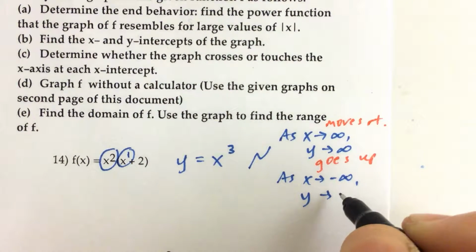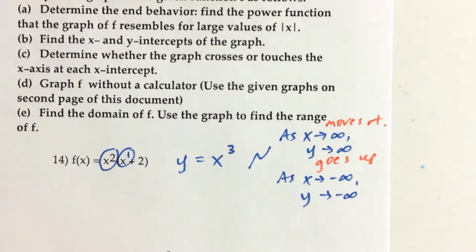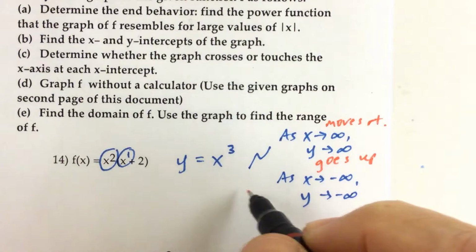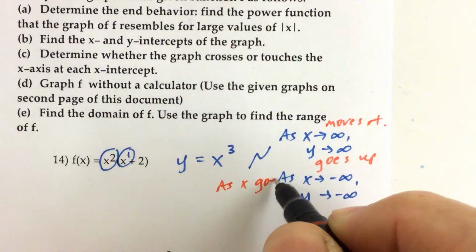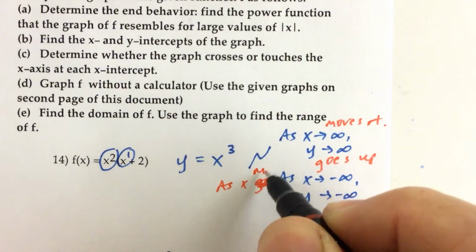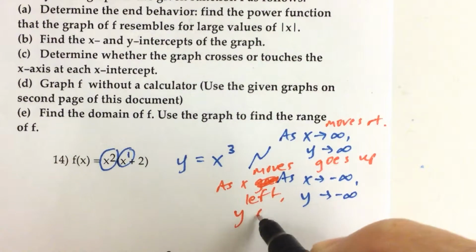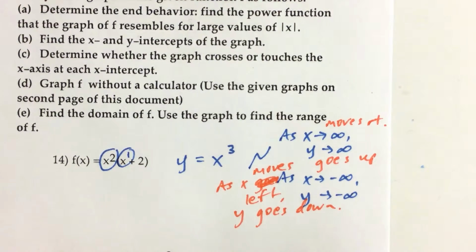So as x moves left, y goes down. And down for y is negative infinity. Left for x is also negative infinity. So as x moves left, y goes down. And so that's how we describe the end behavior.